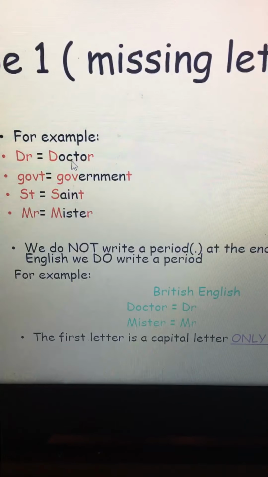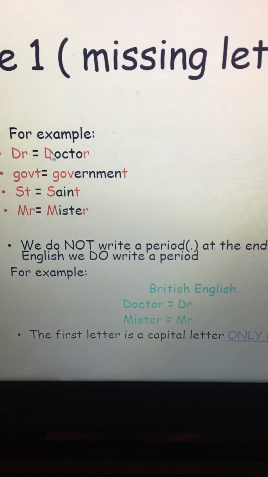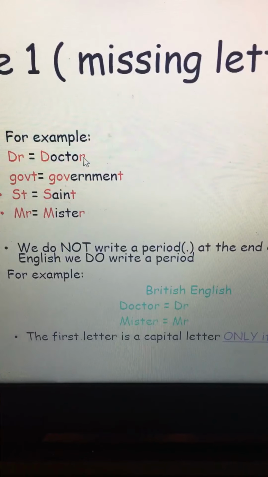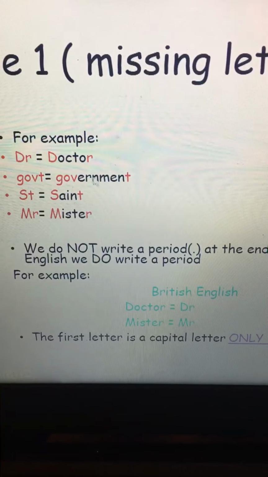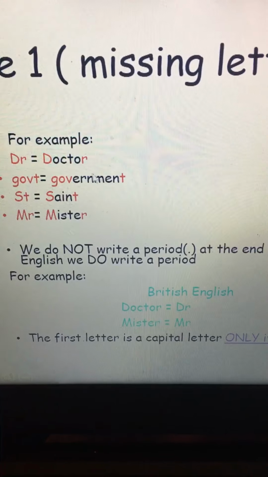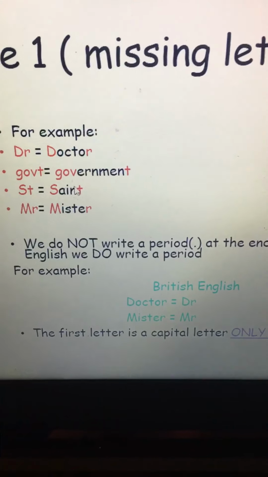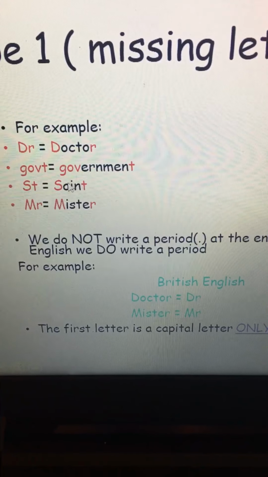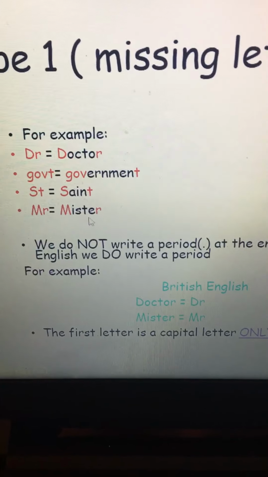Doctor. We took the first letter and the last letter. Also here, we dropped the letters in the middle, and here, and here.